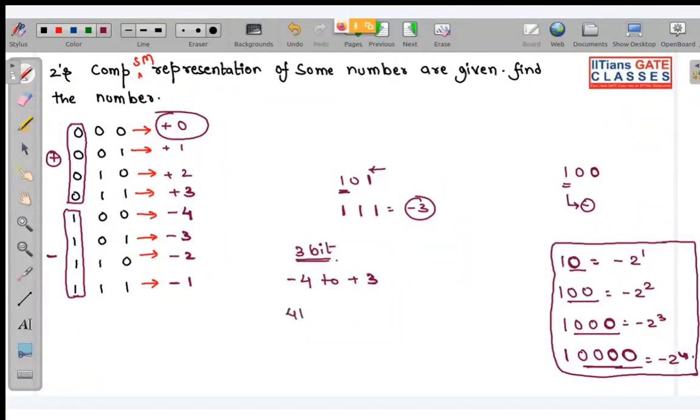If I take 4 bits, it will be from minus 8 to plus 7. Similarly for n bits, it will be minus 2 to the power n minus 1 to plus 2 to the power n minus 1, minus 1.